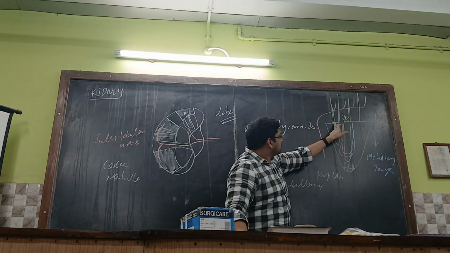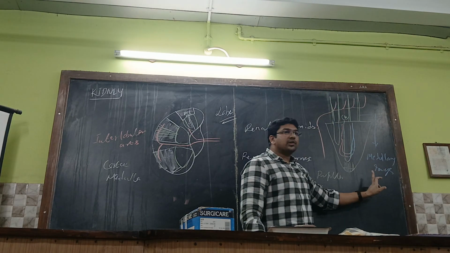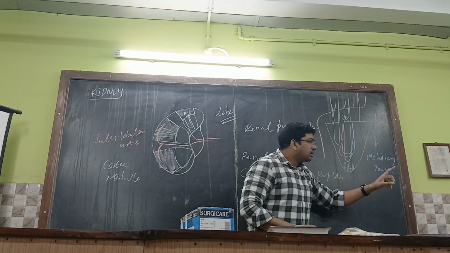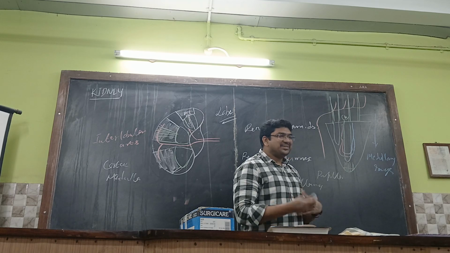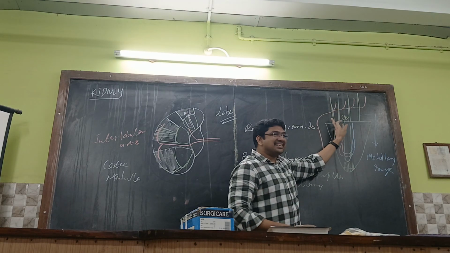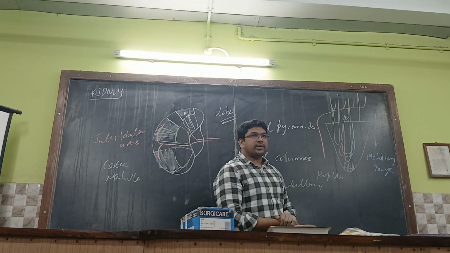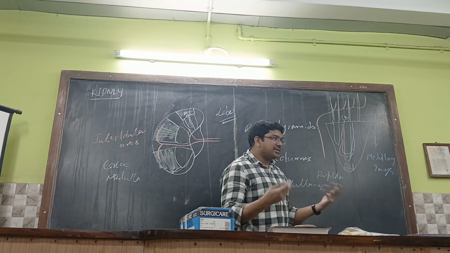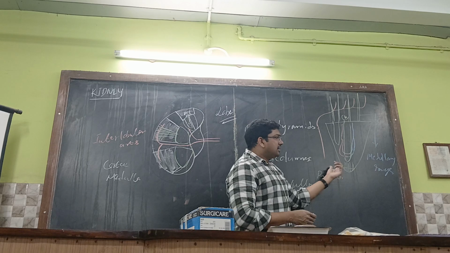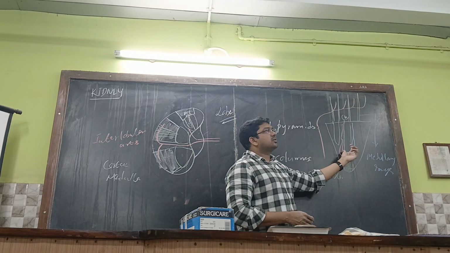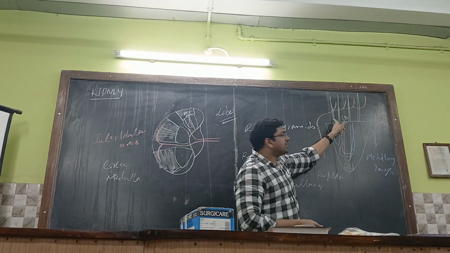The renal pyramids give rise to ray-like extensions into the cortex. Those are called the medullary rays, which are made up of the loops of Henle and the collecting tubules that we have seen. And what is the content of the medullary ray? That's the difference. That's what I'm asking. What is the content of the medullary rays over here?